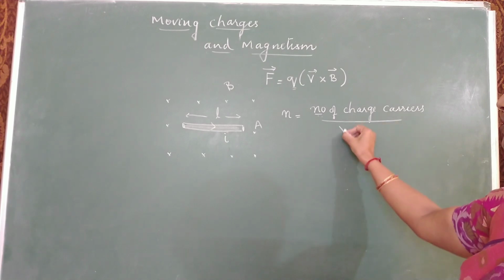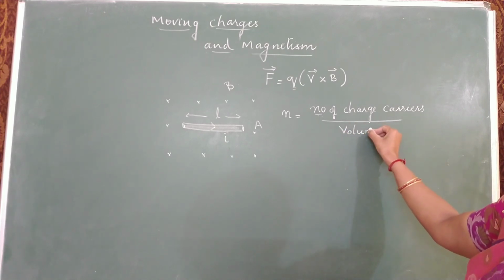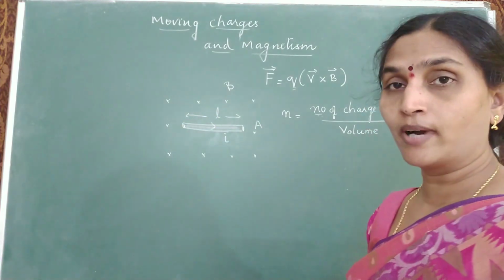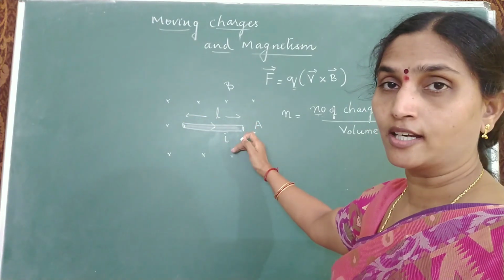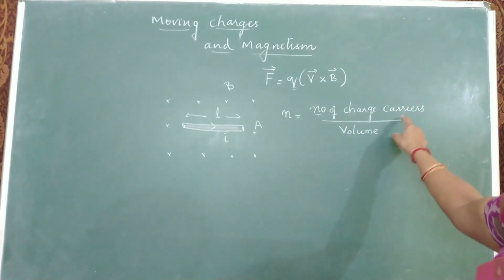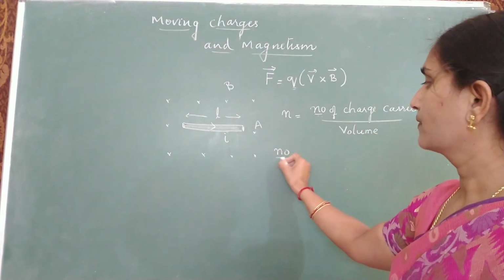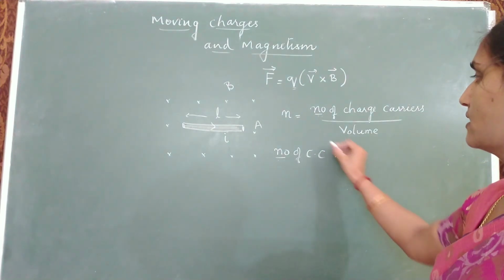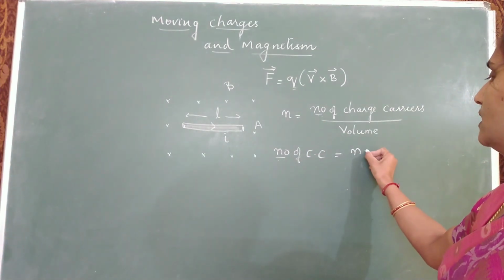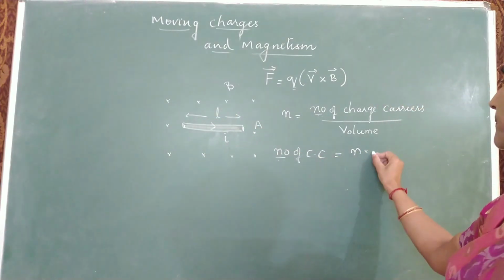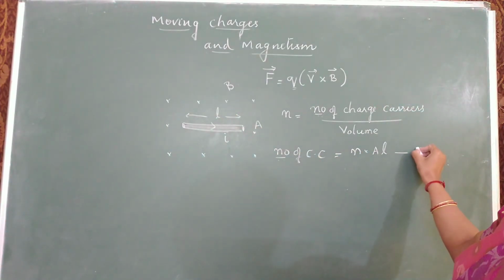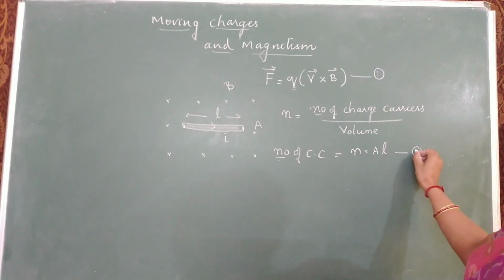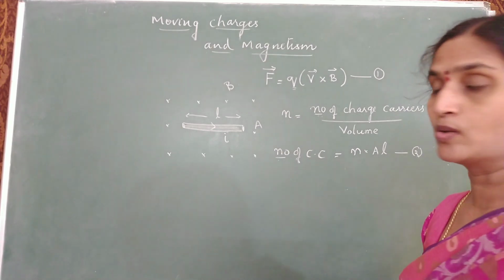Let us first find the total number of mobile charge carriers present in this conductor. The number of charge carriers would be n into volume. What is the volume of this conductor? A into L. I will call this equation 1, and let us call this equation 2.